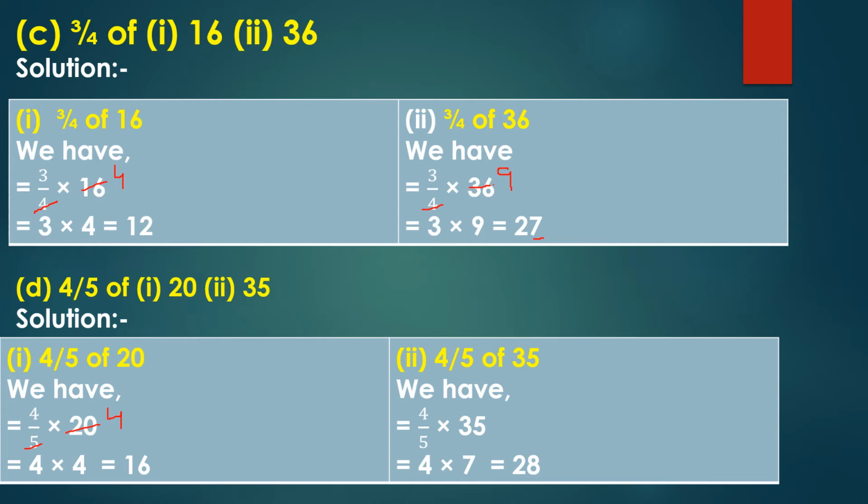So equals 4 by 5 into 35. Now this is 5 ones are 5, and 5 sevens are 35. Therefore 4 into 7, which is nothing but 28, is the answer for the given question.